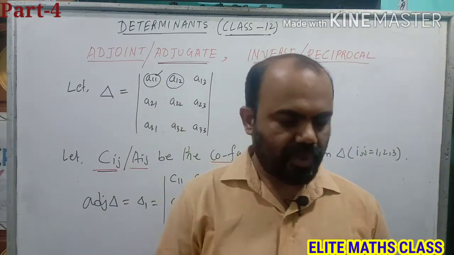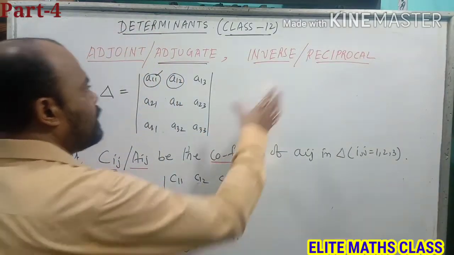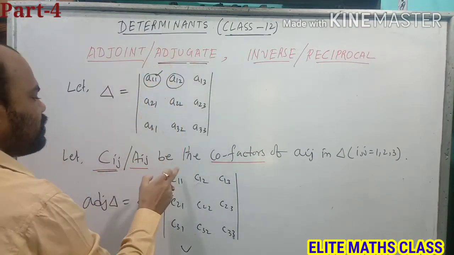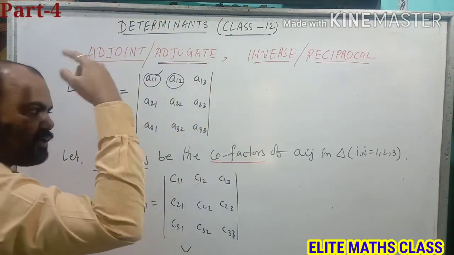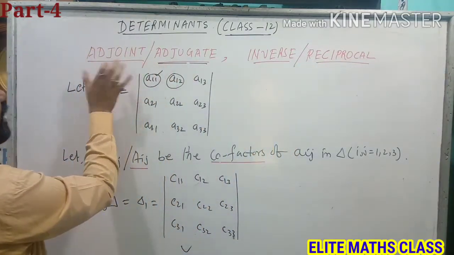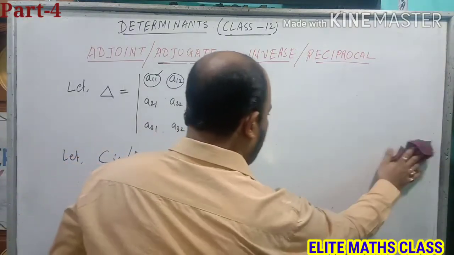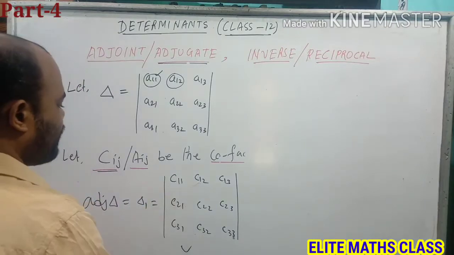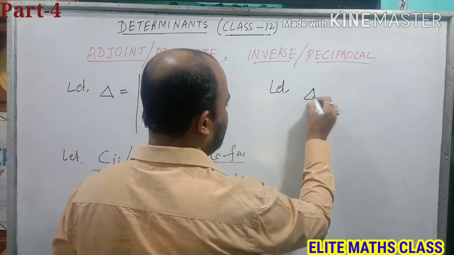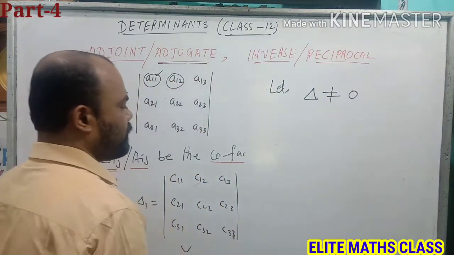Now let us see what is the reciprocal or inverse of a given determinant. This is also connected to the adjoint or adjugate. As adjoint or adjugate is connected to cofactors, and cofactors are connected to minors, similarly inverse or reciprocal is also defined by the adjoint or adjugate of a determinant. So up to this, adjoint or adjugate of a determinant is defined. Now let del, the given determinant, be such that the value of the determinant is not equal to 0.